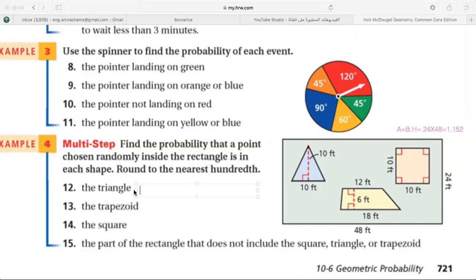Area of the triangle is equal to half base multiplied by height, which is equal to half 10 multiplied by 10. Half 10 is 5, and 5 multiplied by 10 is 50.